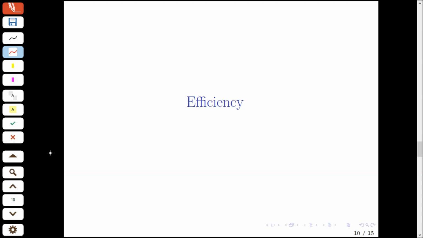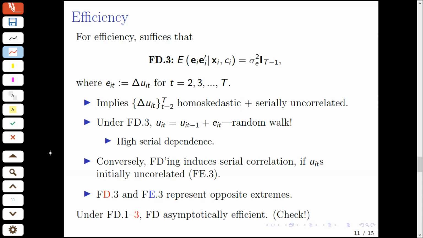Let's move on to talking about efficiency. Now, one may show that in parallel to our analysis of the fixed effects estimator, in order to establish efficiency, it suffices that the following assumption hold.